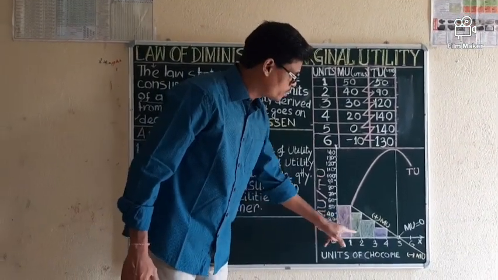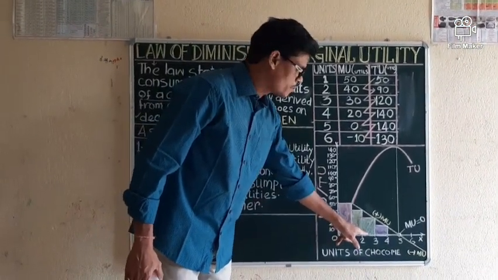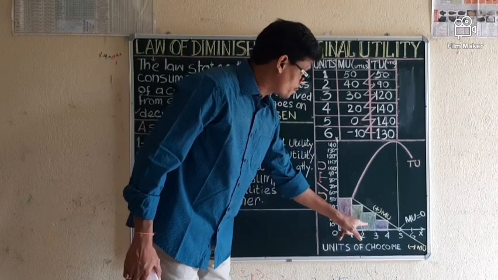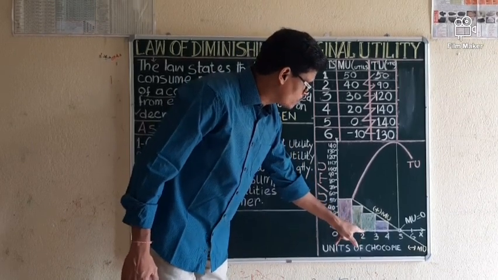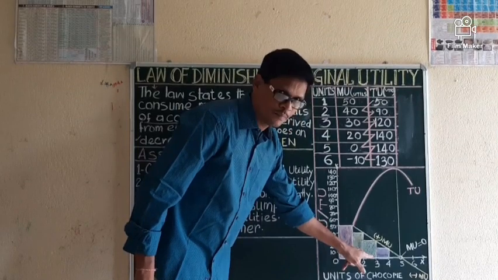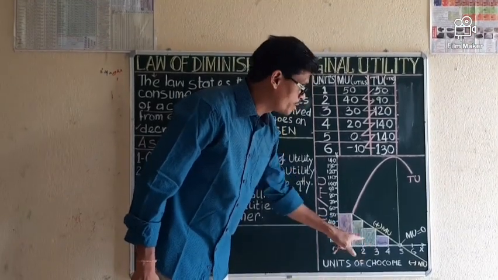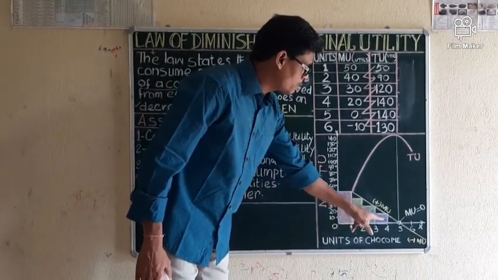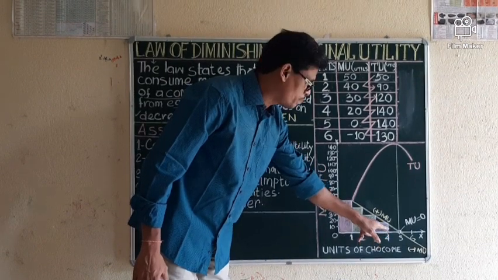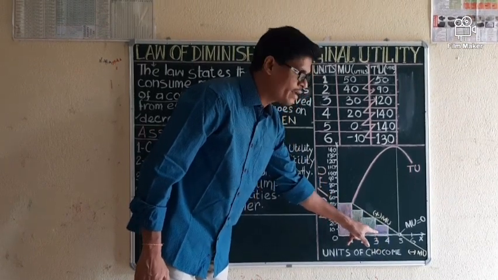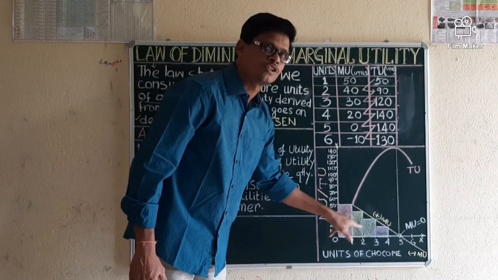And when we are consuming the third unit, the marginal utility is equal to the green shaded rectangle, which is smaller than the previous two. And for the fourth unit, the purple rectangle is the smallest among these four.